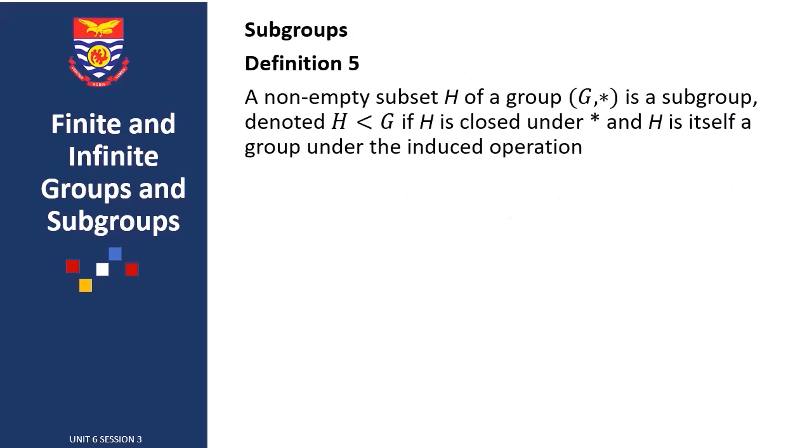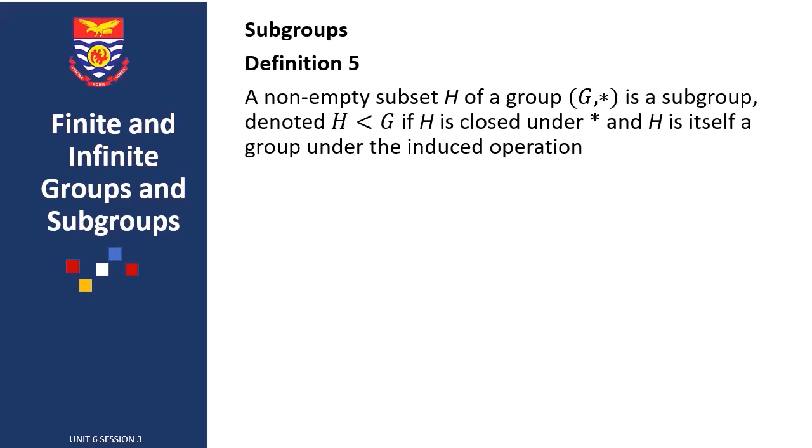So, subgroups. A non-empty subset H of a group G is a subgroup, denoted H < G, if H is closed under the operation star and H is itself a group under the induced operation.